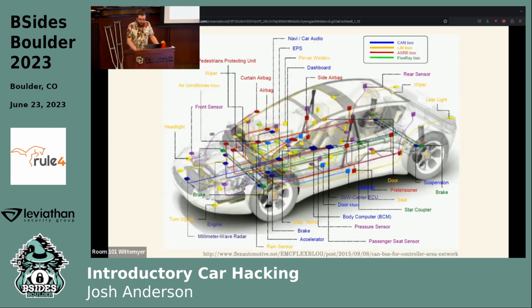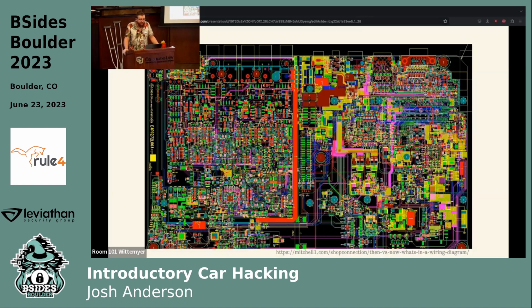If you're wondering what exactly all this looks like internally in a car, this is the wiring diagram of a 2016 Chevy Impala. The lump sum of knowledge required to interpret this diagram is insane. Very much beyond the capabilities of myself or honestly any single individual person, in my opinion.